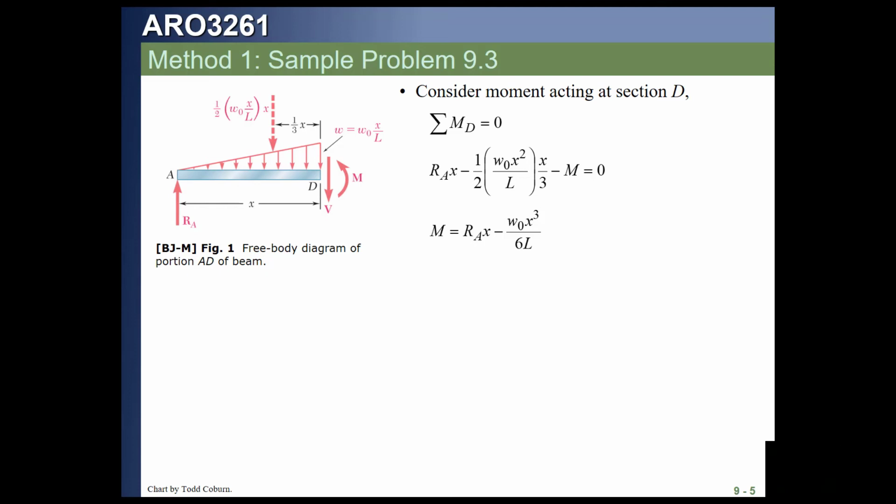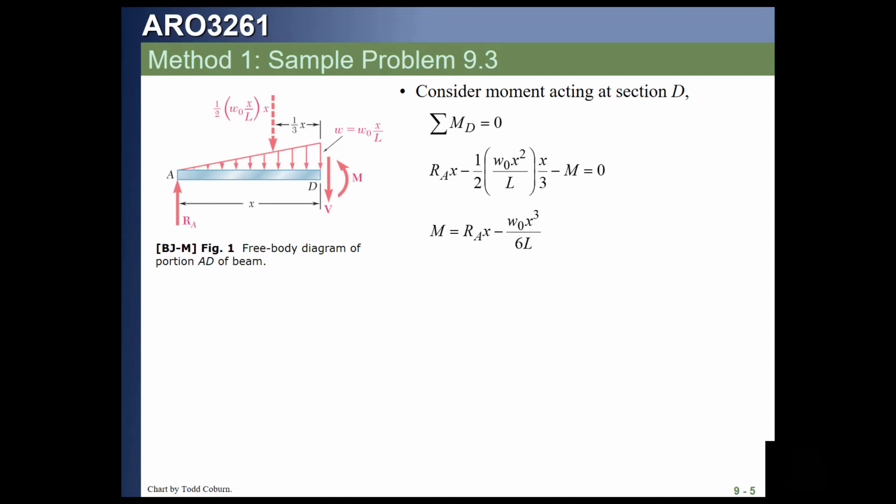This is summing the moments, and this is assuming that a negative z direction or a clockwise moment is positive. If that's true, then RA times x minus 1/2 WX over L, times, so we remember our function is W0 x over L, and it's multiplied by x over 2.